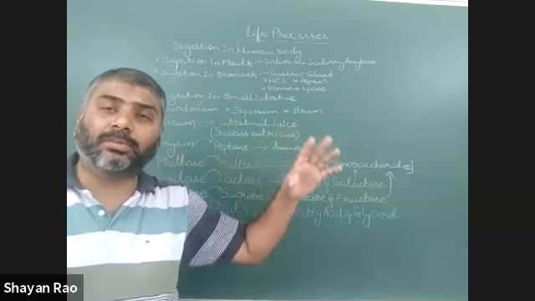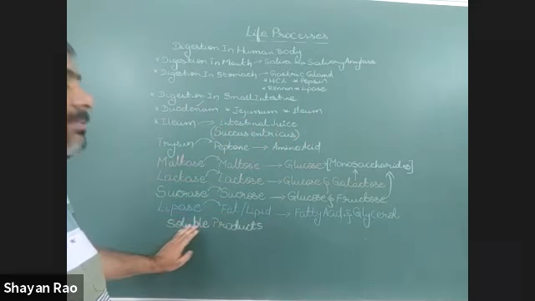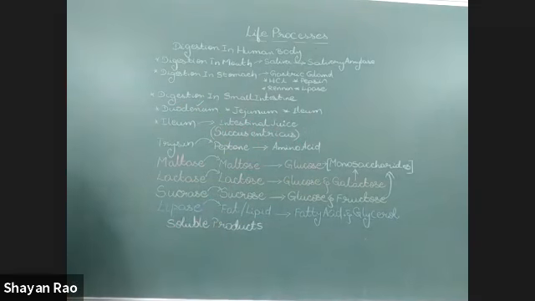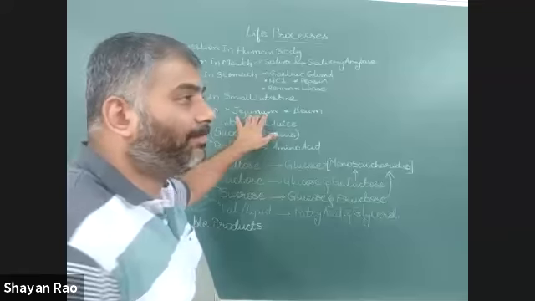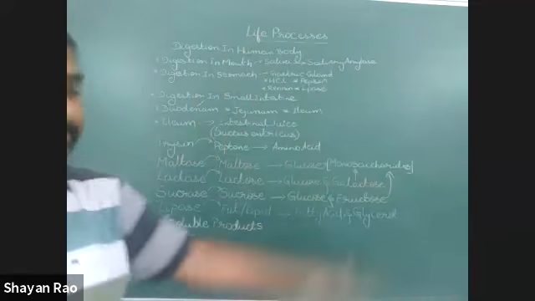Every cell of your body will require these soluble products. So the next step is the activity of absorption. Where does absorption take place? Usually absorption takes place in the jejunum and the last part of the small intestine.